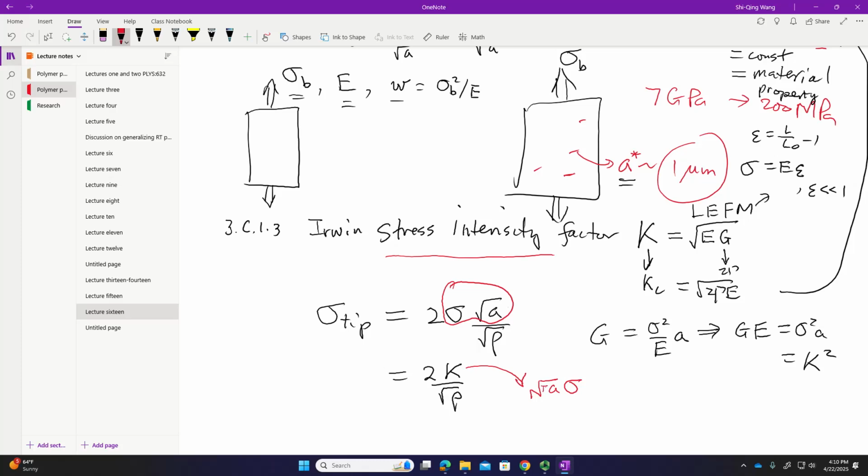What I did precisely missed a pi in the square root. Let's not bother about any of these mathematical details. The key point is K is a loading parameter. In other words, I absorbed the nominal stress in the definition of K. So when you speak about K, you're already speaking about how you are loading, how you are stretching your material. And it shows up in this manner.